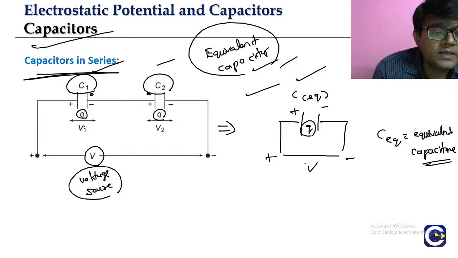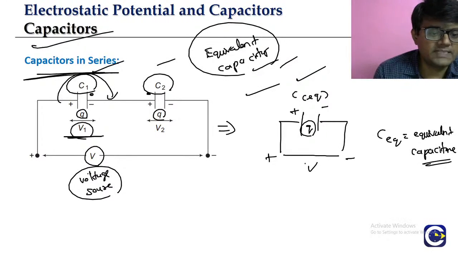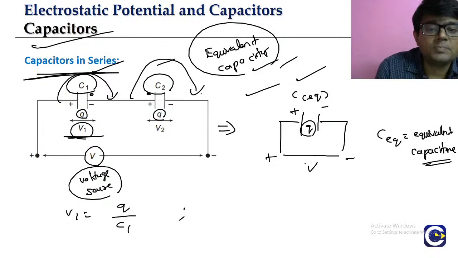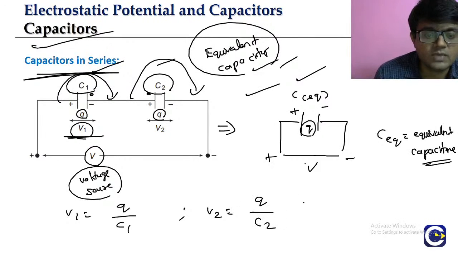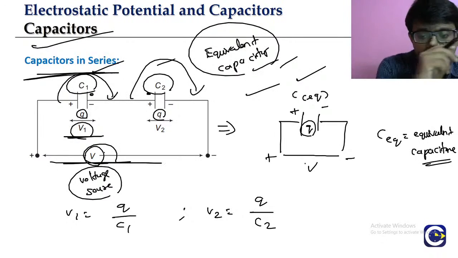The potential difference across C1 we represent by V1. V1 is the charge on it divided by its capacitance, Q by C1. The potential difference across C2, V2, is the charge on it divided by its capacitance, Q by C2. Now the potential difference across C1 plus the potential difference across C2 gives the total potential difference, which is our voltage source value.